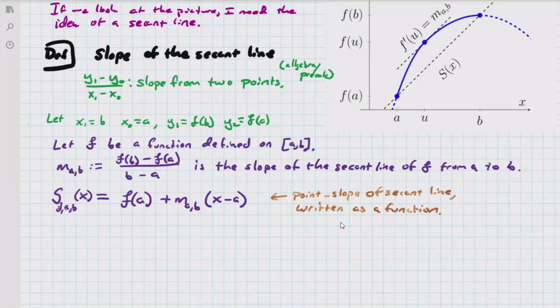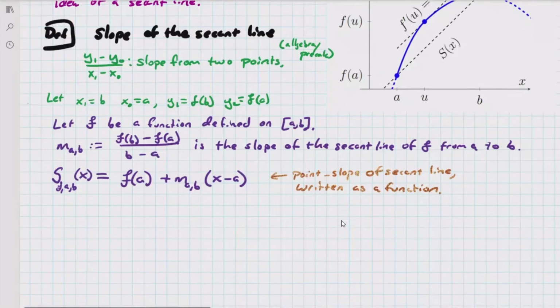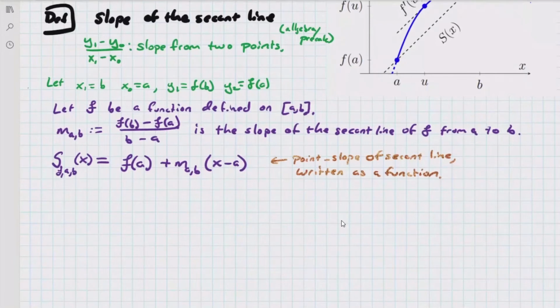Right, so this is the secant line of F, or the line secant to F from A to B. So this right here is the secant line, and I'm just expressing it as a function.